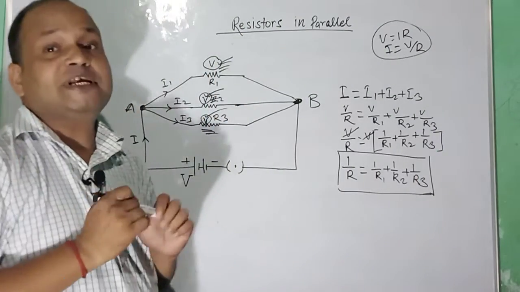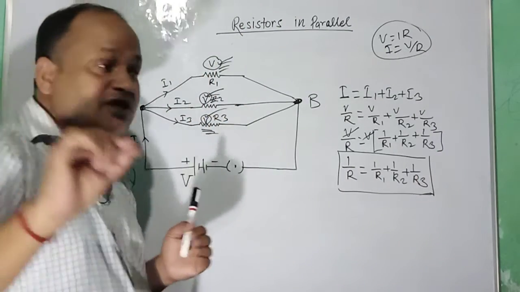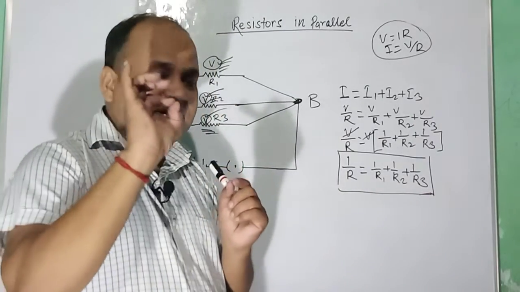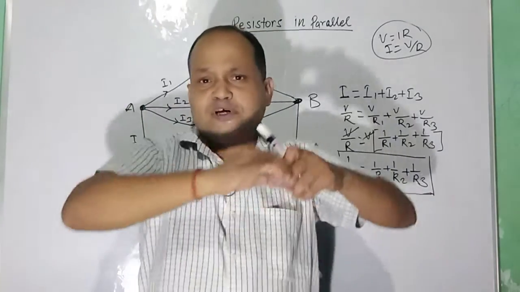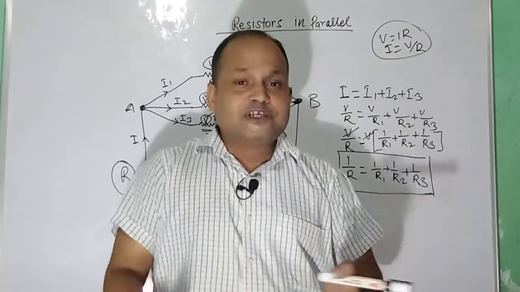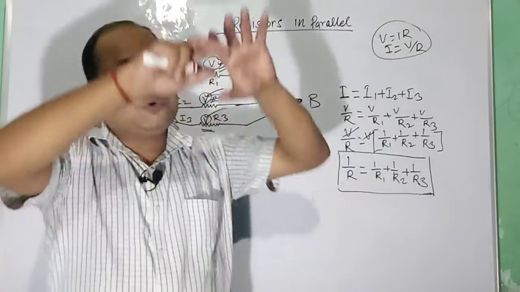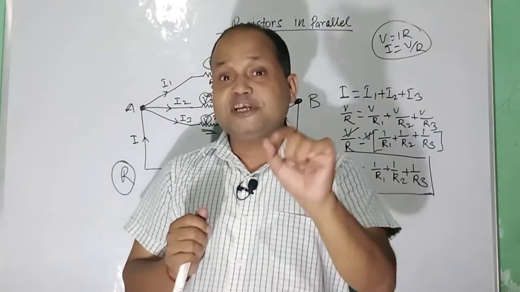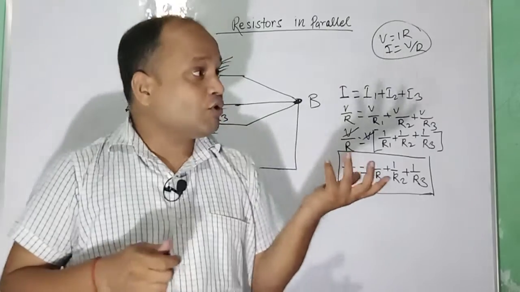But in series combination it is not so. In series combination you all might have seen the very small electric bulbs used in large numbers in a row in a wire on the occasion of Deepavali to decorate the house. That is the use of series combination. It has its own fault.